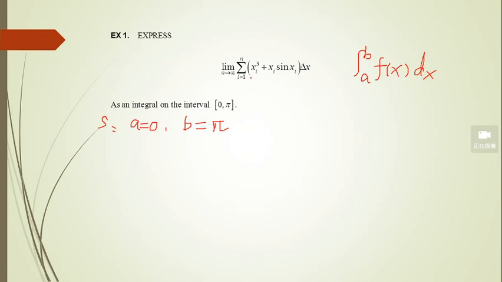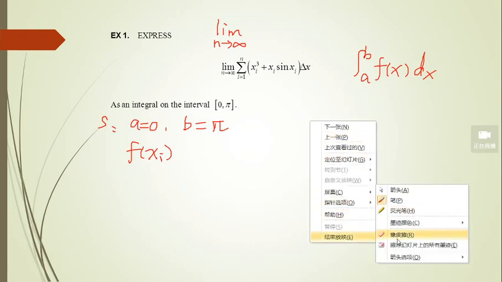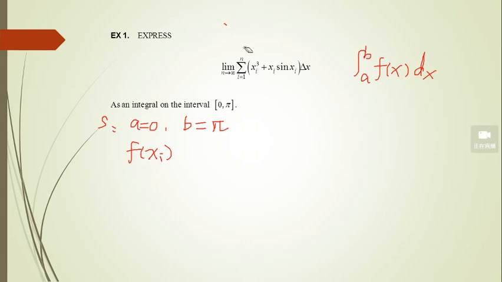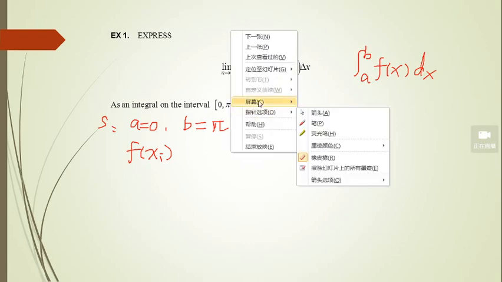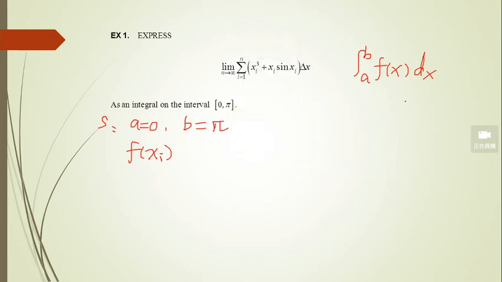Now from here, according to theory 2, they give the f(xi) expression, right? Okay, let's repeat theory 2. So in theory 2, we can define the integral in this way.